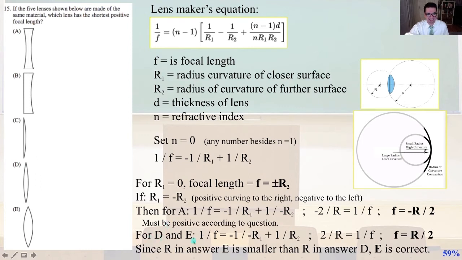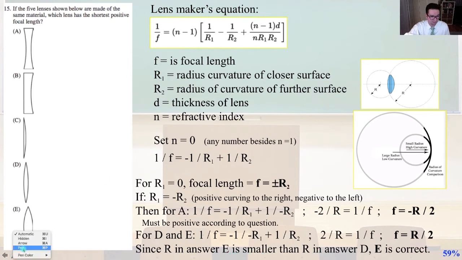For D and E, 1 over the focal length equals minus 1 divided by minus R1 plus 1 over R2 equals 2 over R equals 1 over f, so the focal length f equals R divided by 2. Since R in answer E is smaller than R in answer D, E is going to be correct.